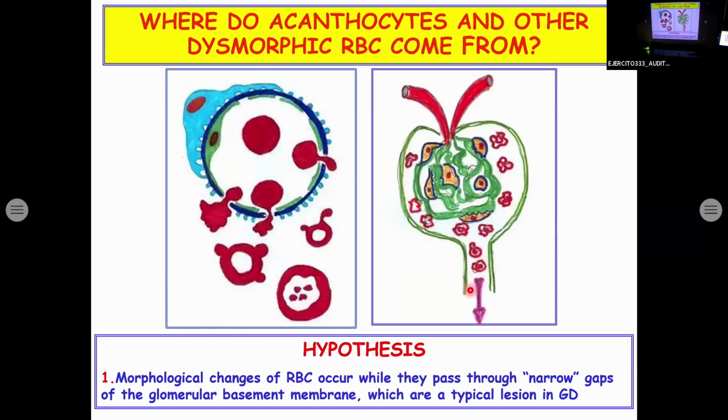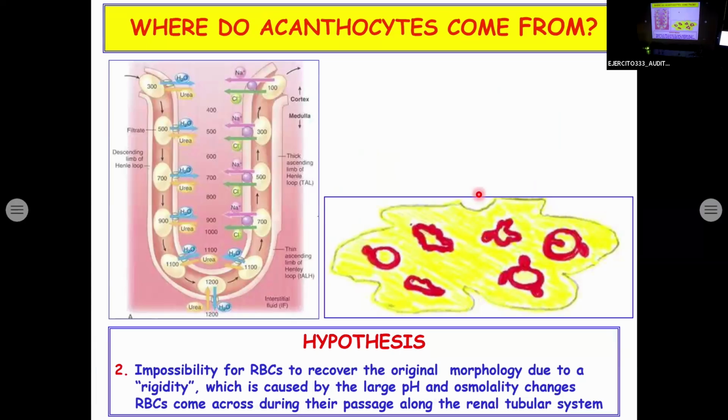They fall into the tubular system, and here they go across very large pH and osmolality changes, which cause a sort of rigidity of the structure of red blood cells. So they cannot recover their original shape, and we find them in the urine with this dysmorphic appearance.